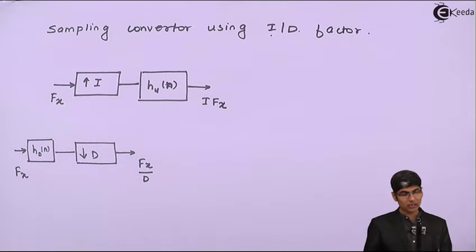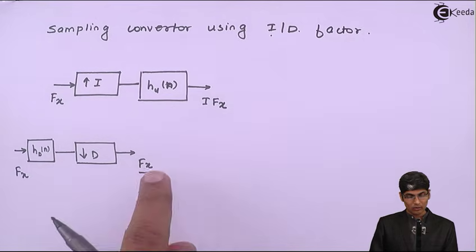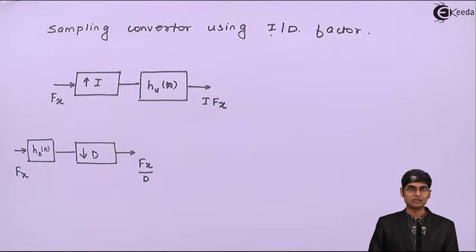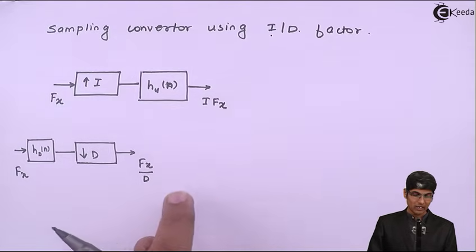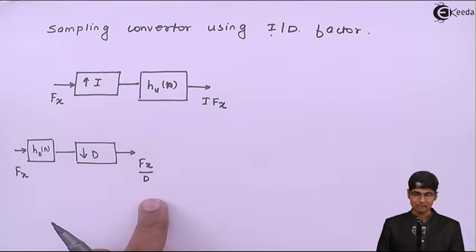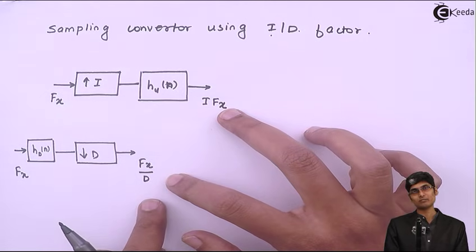So the system is obtained by cascading. If I cascade both systems, I will form an I over D sampling rate conversion. The interpolator gives me I fx, the decimator gives me fx by D, so if I multiply these two systems, I will get I over D.